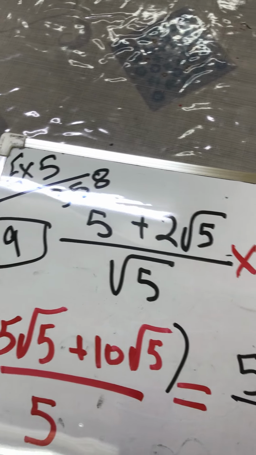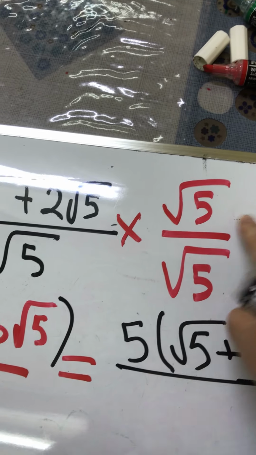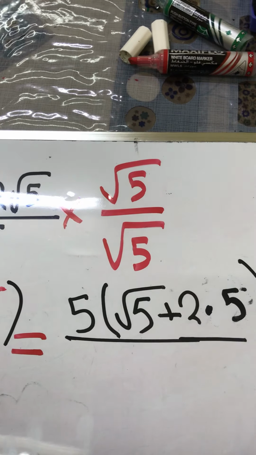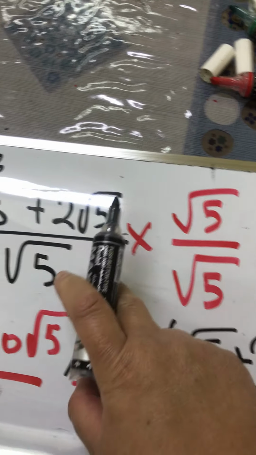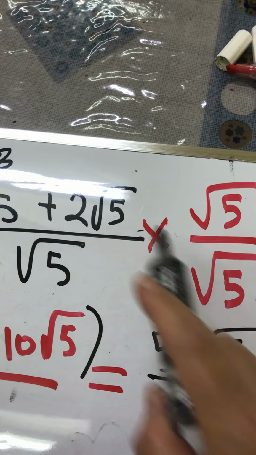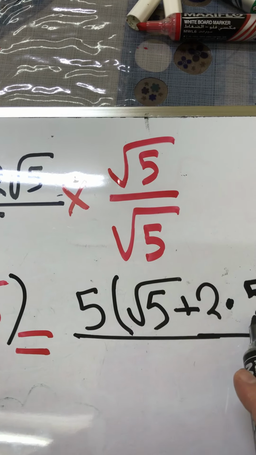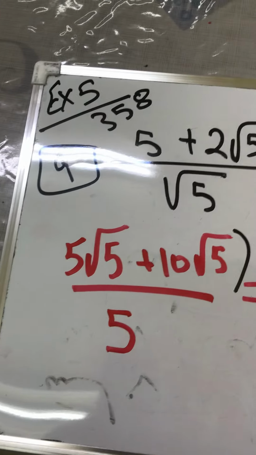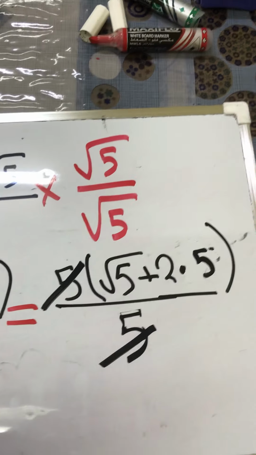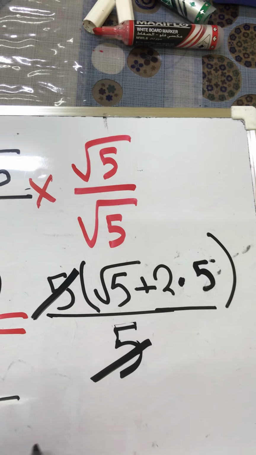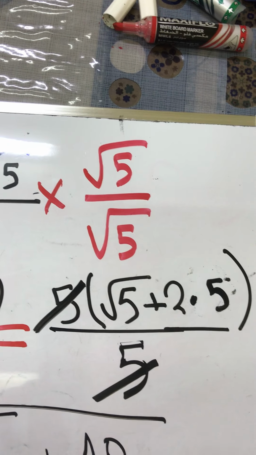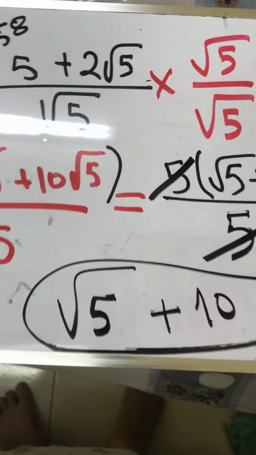Sorry, it will be here 2 square root of 5 times the square root of 5. So 2 and square root of 5 times the square root of 5 equals 5. So it will be 10. And what I have down is 5. Now I'm allowed to cancel 5 with 5. So the answer will be square root of 5 plus 2 multiplied by 5 equals 10. And this is the final answer.